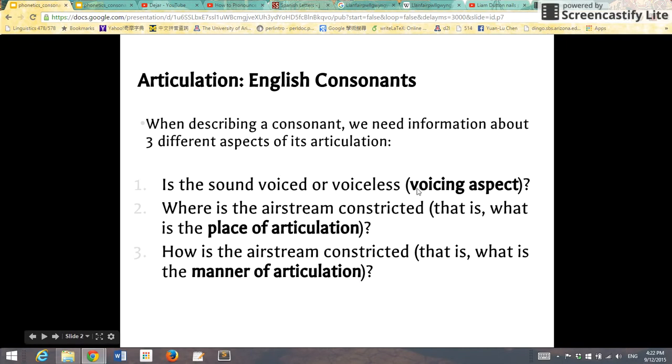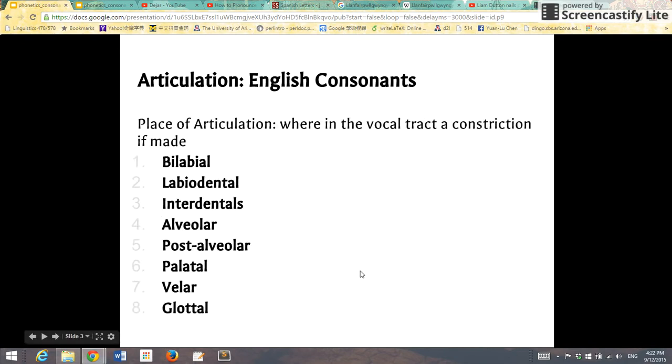Okay, sorry, pick one from this set. And there are two members inside this set, voiced and voiceless. And this would be a set of places. You just pick one place. And there are different manners of articulation. And just pick one manner. Okay. So manner, place of articulation, we got these members to choose from.